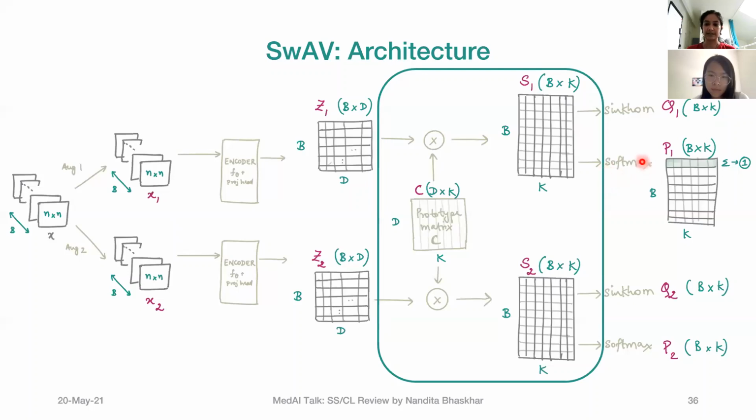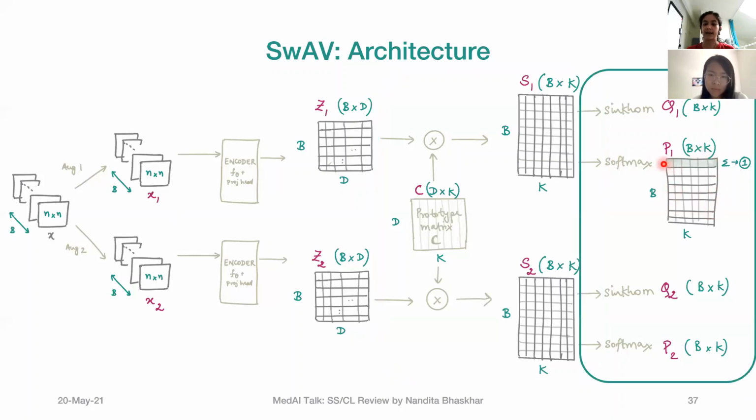The first one is something that we're all familiar with: they just use the softmax to get the corresponding probability. The other thing, which is a little more complicated to understand, but very easy to implement in practice, is called the Sinkhorn. I'll talk a little bit more about this in the next few slides, but you can think of this as 2 different ways of getting probability distributions from a raw score.